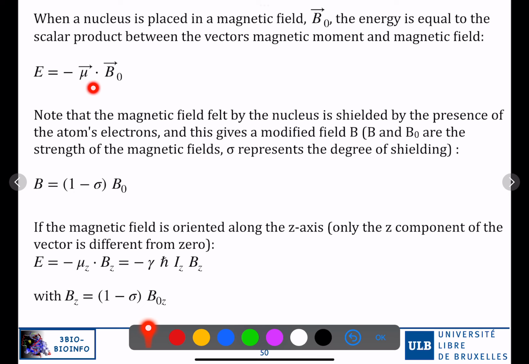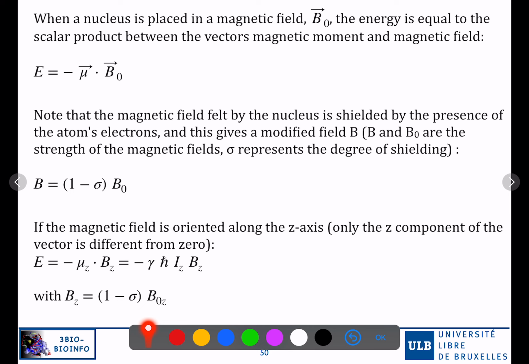You have here two vectors. Here you have a scalar product, and minus the scalar product between the magnetic moment and the magnetic field is equal to the energy.